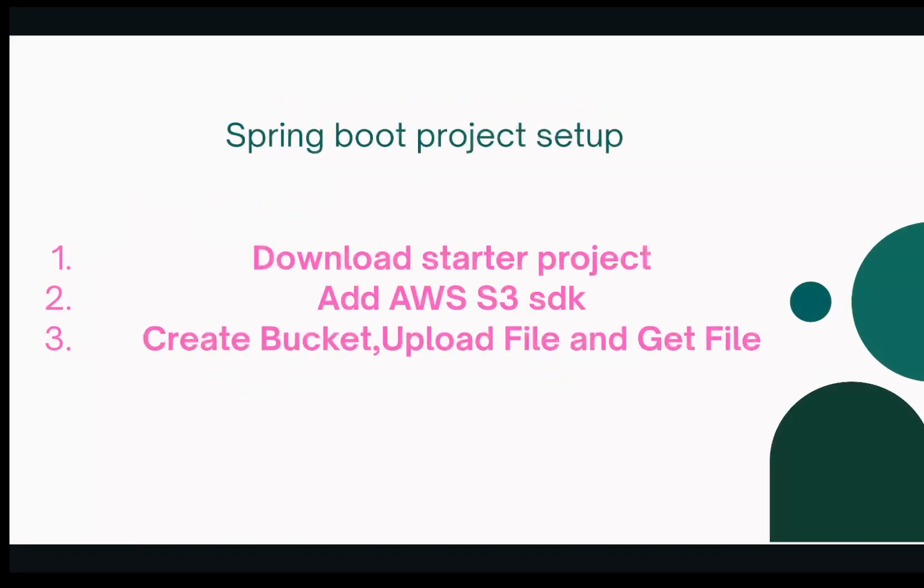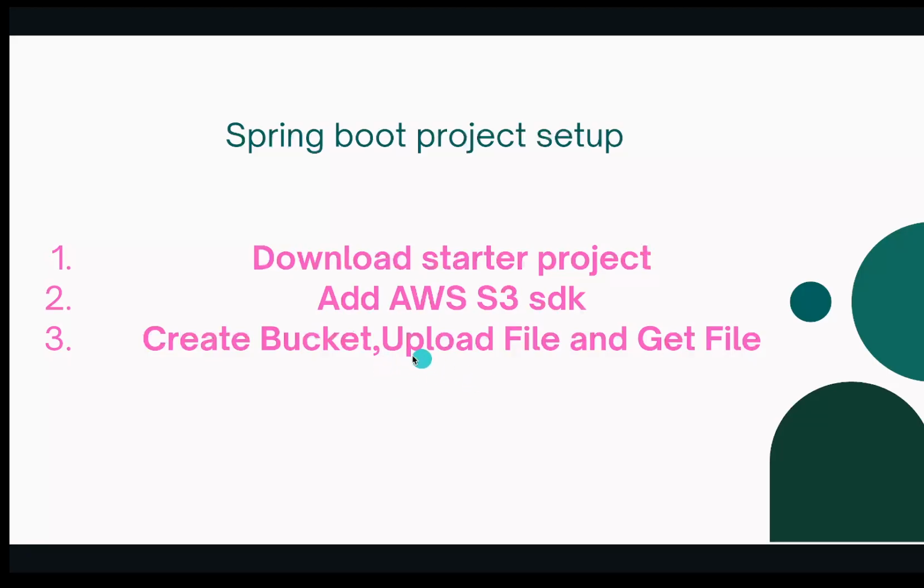Now let's do the integration with Spring Boot. For that, first you need to set up a Spring Boot project. You can download it from start.spring.io, or you can create a project in your IDE, whichever you are using, like Eclipse or IntelliJ.